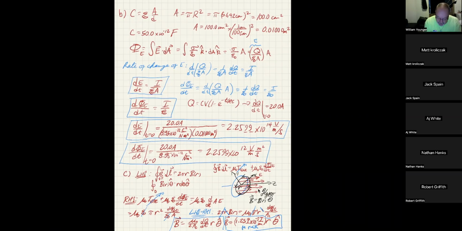Now part D is pretty much the same thing. We're still going to get the same left-hand side, 2 pi R times B of R. We're going to make the same hypothesis that B is equal to B of R times theta hat.